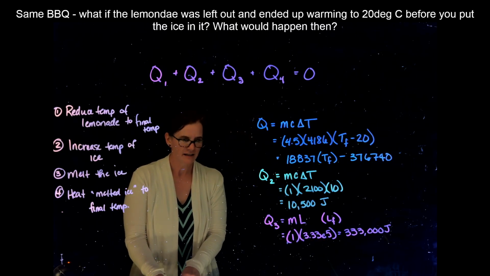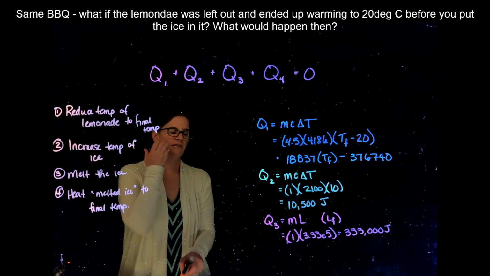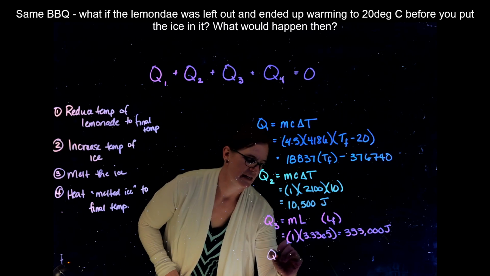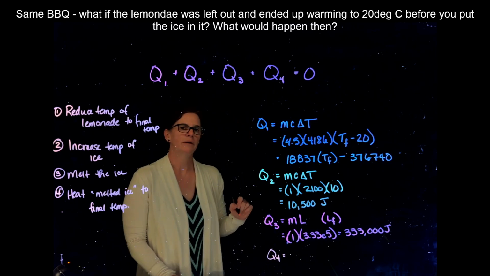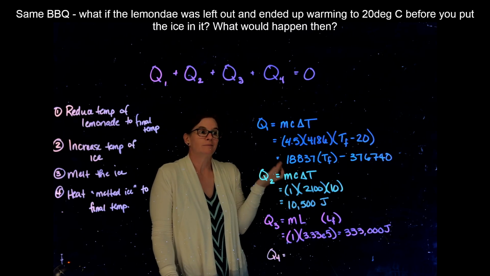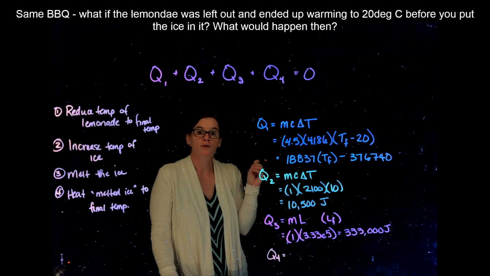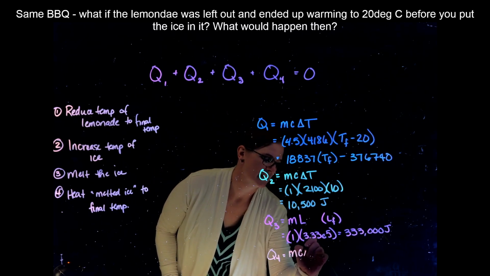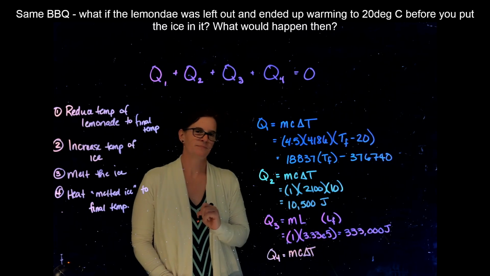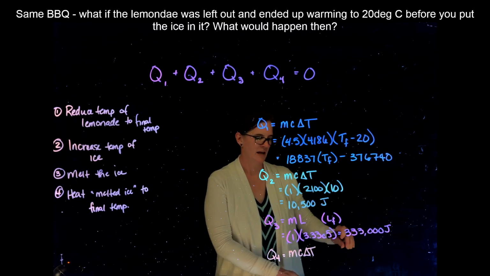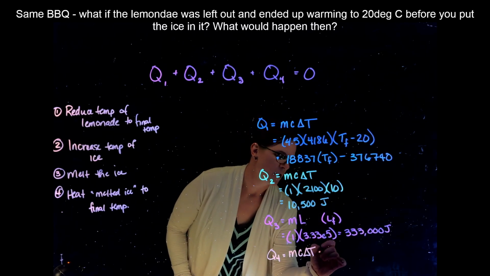And the final Q4 is heating our melted ice to whatever the final temperature is. So there's no change in phase, so we're going to use MC delta T. Make sure I'm still on screen. Okay, I'm going to go across this time. We have 1 kilogram of water.